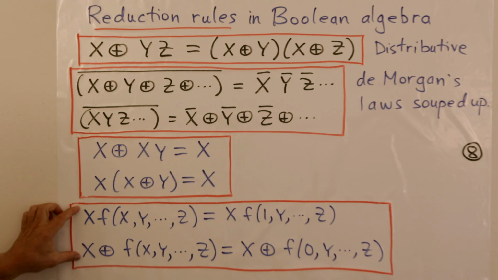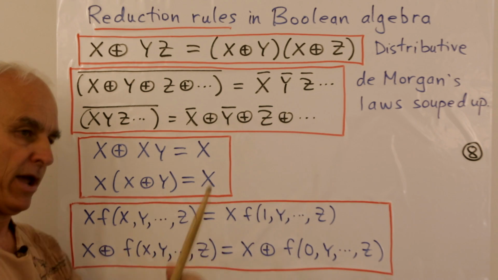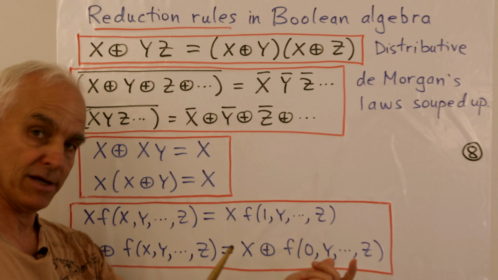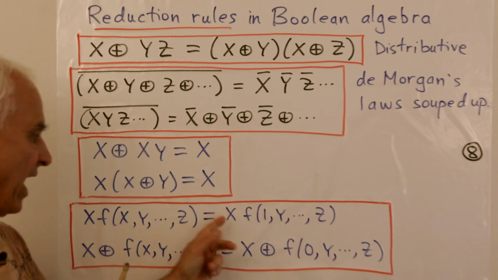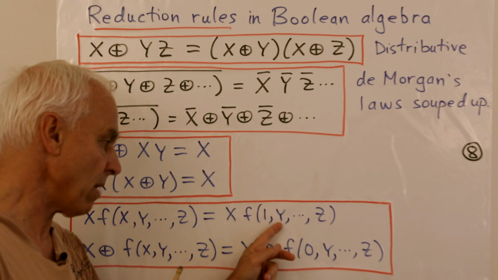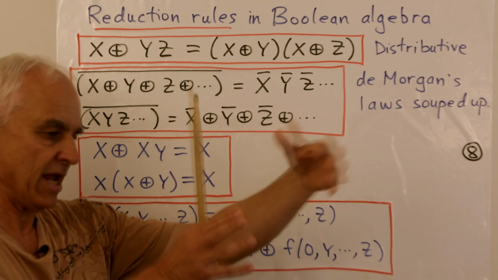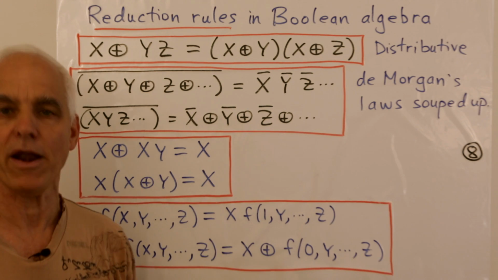If you have x times some function of x, y, and a whole bunch of others up to, say, z, then this is the same as x times f of 1 comma y comma z. In other words, you can take that second product and replace the x value there with just a 1.